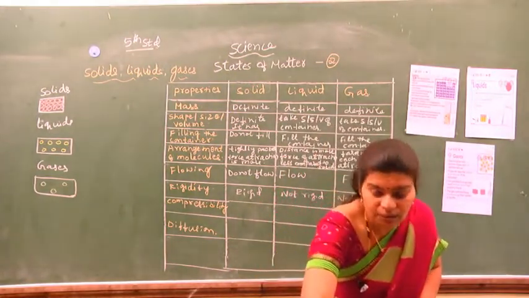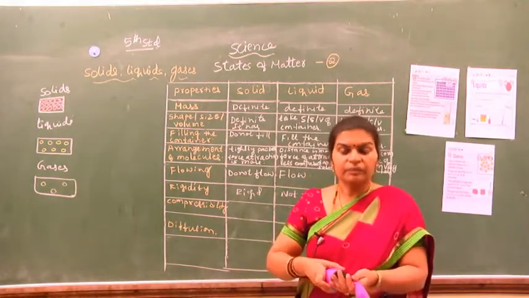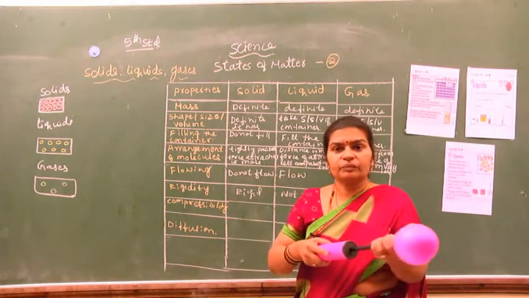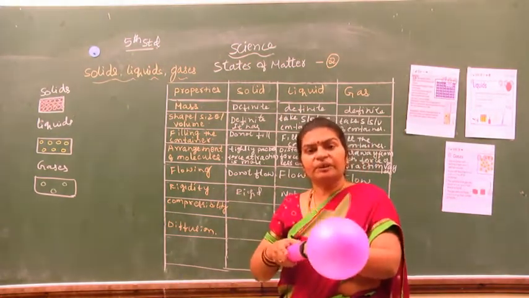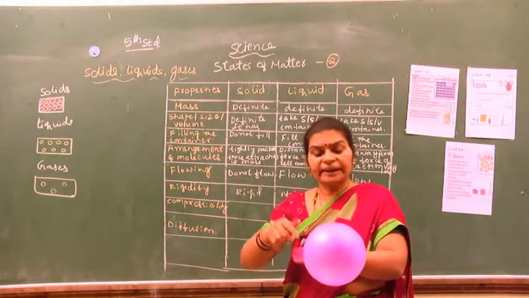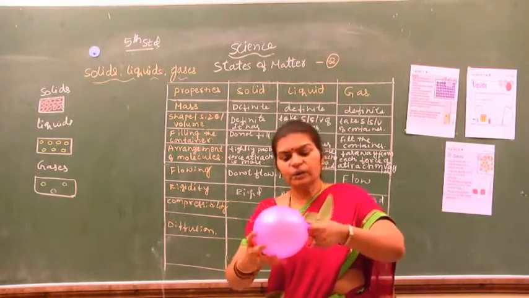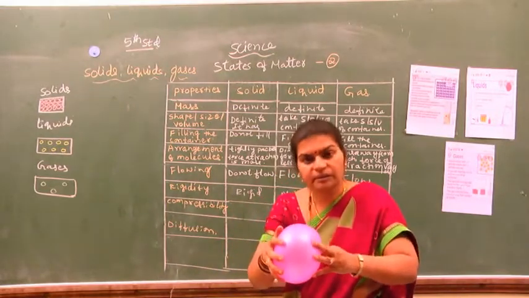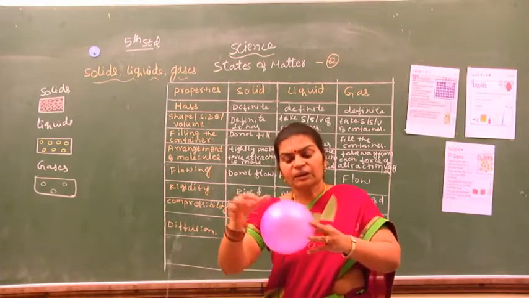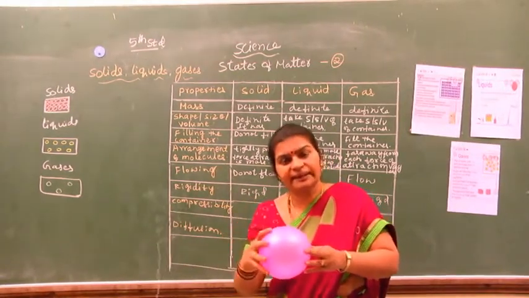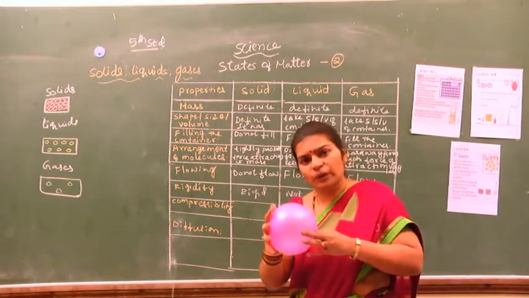But what happens to air when we apply force? Here we are applying the pressure. What about the air? The air is getting inside. Now I apply the force. Because I am applying force or pressure on this, the air inside goes on changing its shape or volume.